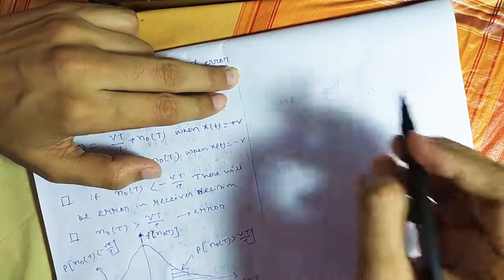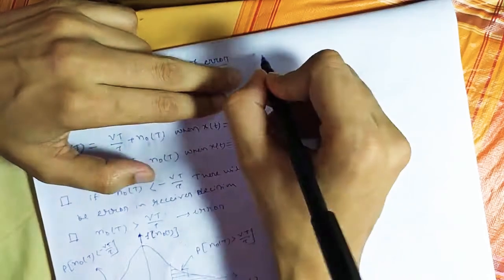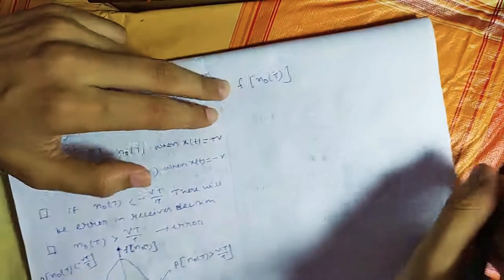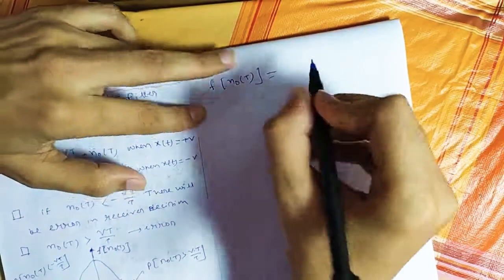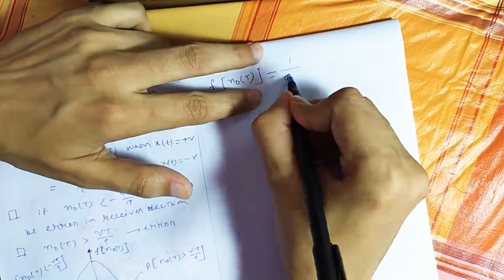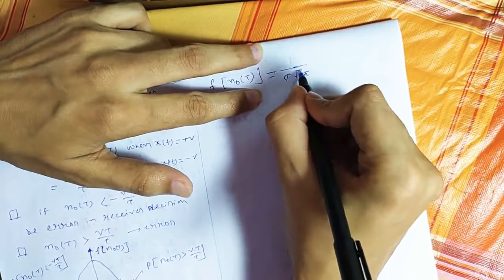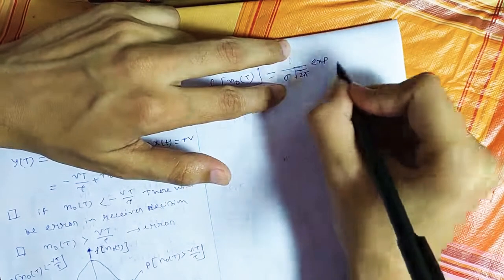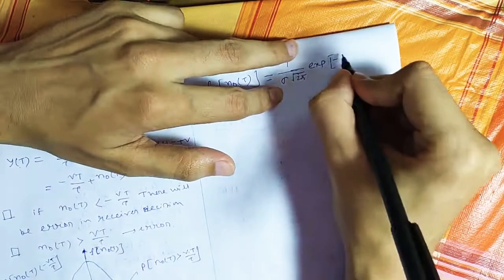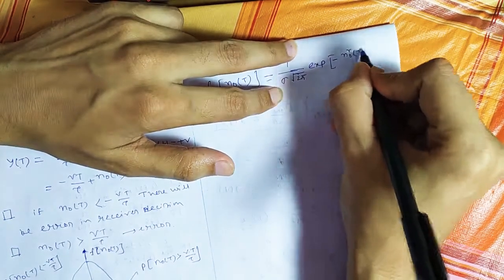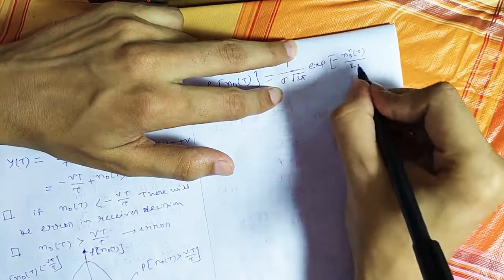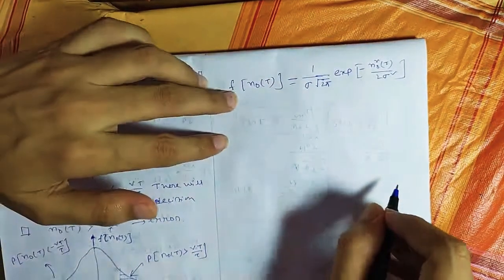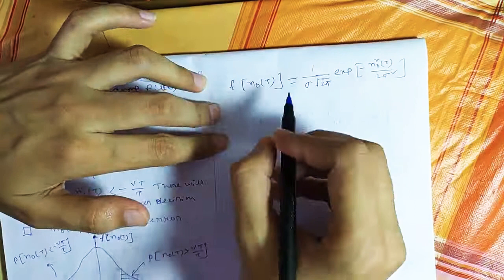We know that it is a Gaussian distribution, so f of n0(t) can be written as 1 by sigma root over 2 pi times e to the power minus, which is the standard Gaussian distribution expression, where sigma is the standard deviation.